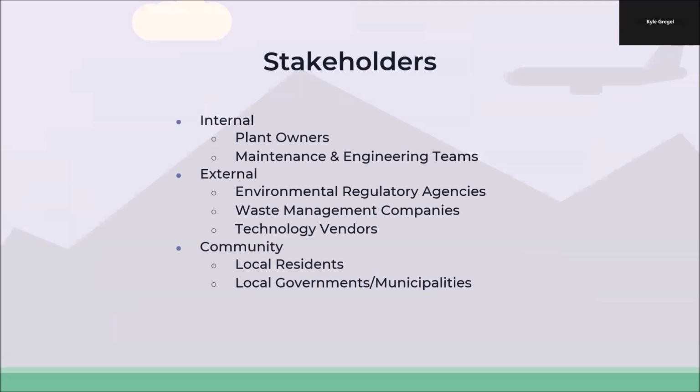External stakeholders include environmental regulatory agencies, waste management companies who have to deal with the sludge that's a byproduct of this, as well as technology vendors who sell these control solutions. In the community, local residents are typically the most important stakeholders as they have to deal with the outcomes the most. Local governments and municipalities are also responsible for helping improve regulations, but that ties more into environmental regulatory agencies.